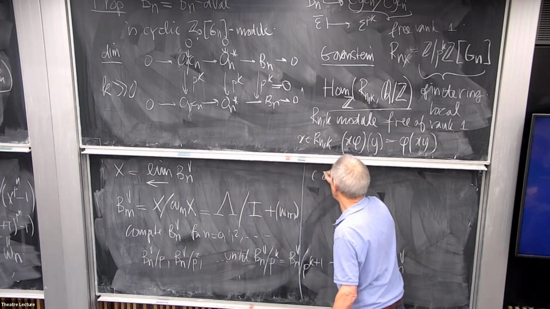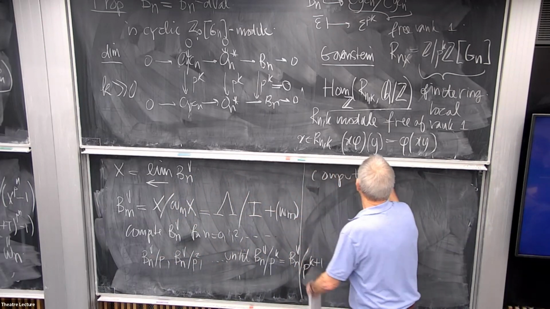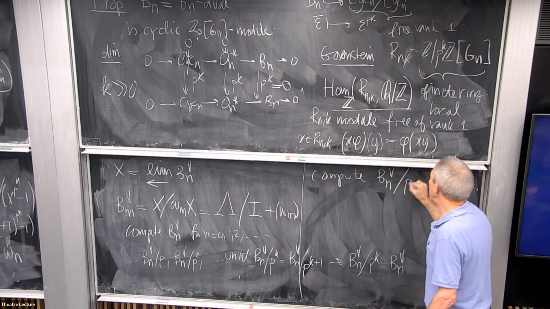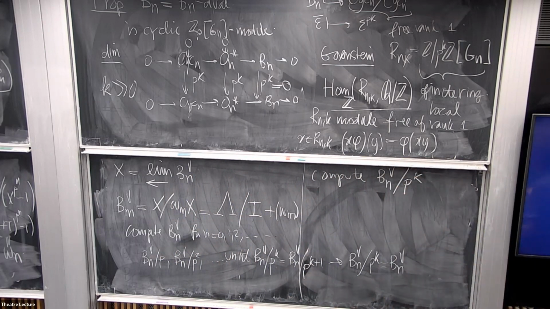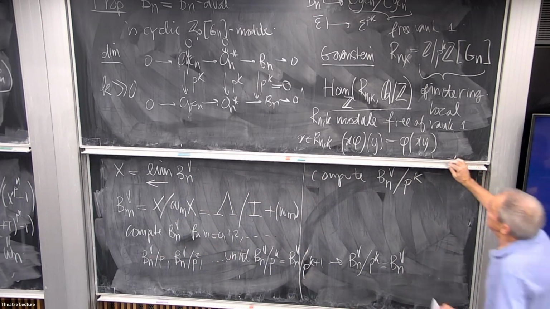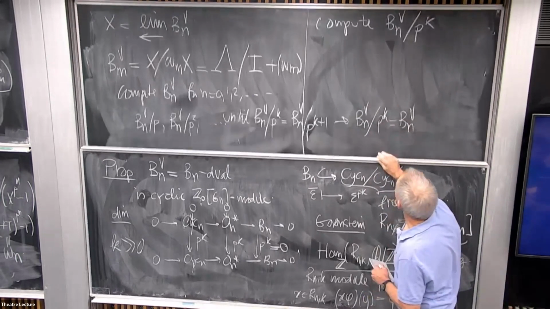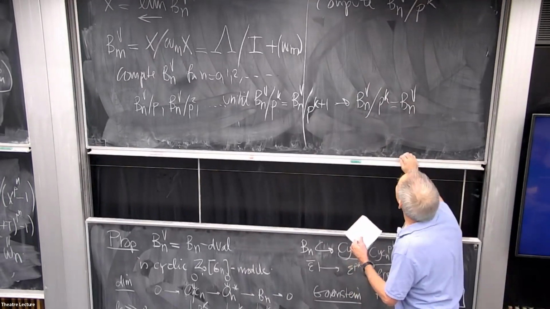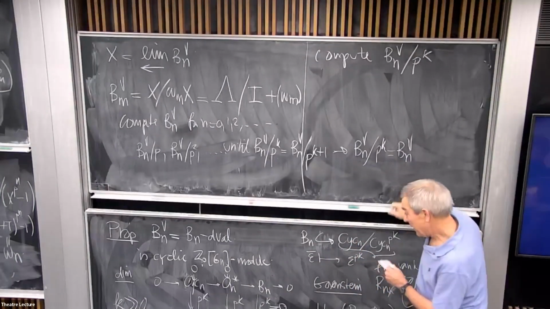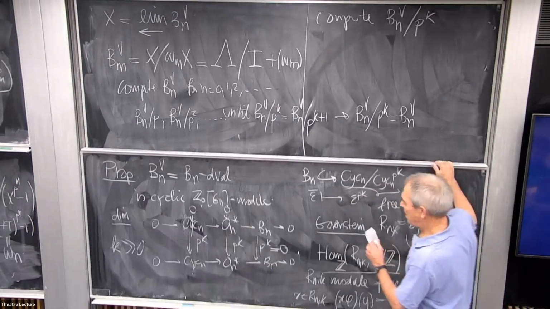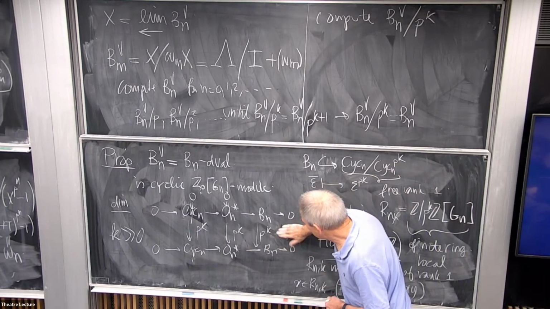So that is now the following question. Compute Bn dual modulo p to the k. How do we do that? Do that using the same diagram. It's still here, so maybe I can use it. Except that I do not assume that p to the k is 0.